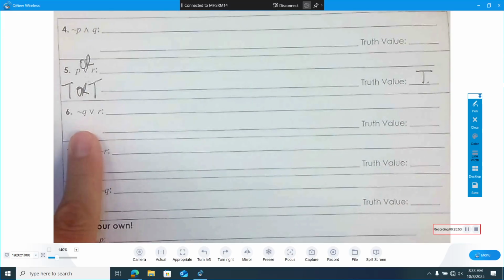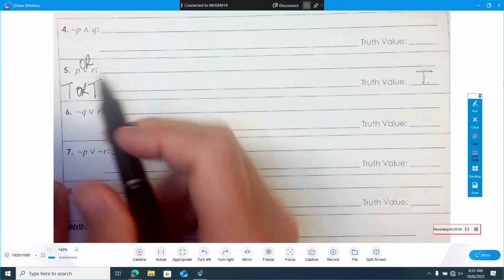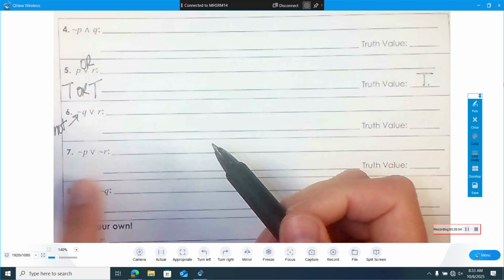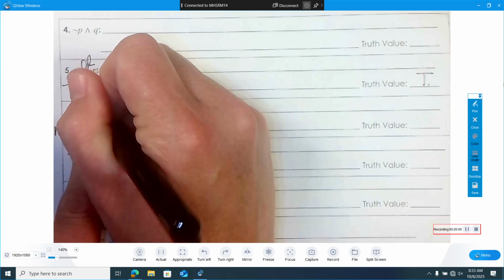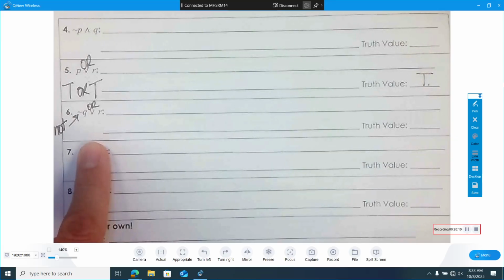What's going on with number 6? That means it's not true, right? Well, let's see. So that symbol does mean not. And here again is an or symbol. I'm going to write this one out so we can see how we would write that out. Let's see. The Q statement was March has exactly 30 days.